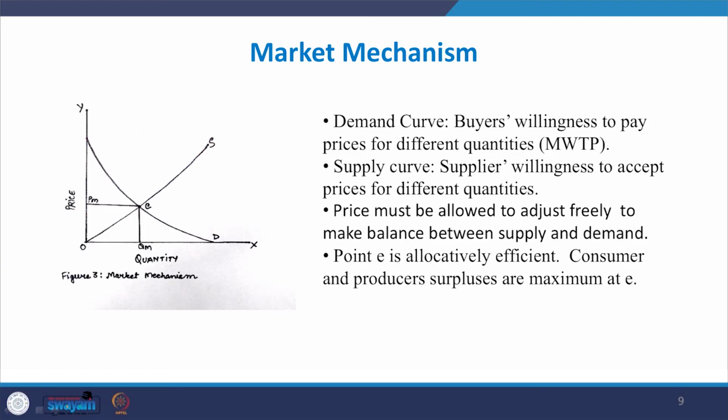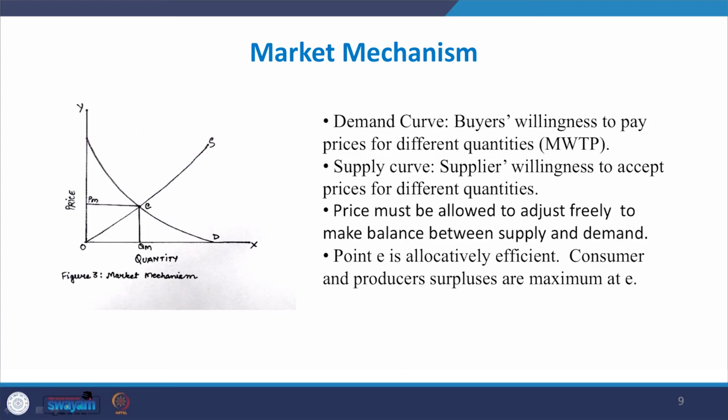I will take this topic later on in detail, what the consumer surpluses and producer surpluses are, etc. But right now, consumer welfare and producer welfare are maximized only at point E. If we shift from E point to any point, for example, if quantity is greater than OQM, then there would be a mismatch between demand and supply.